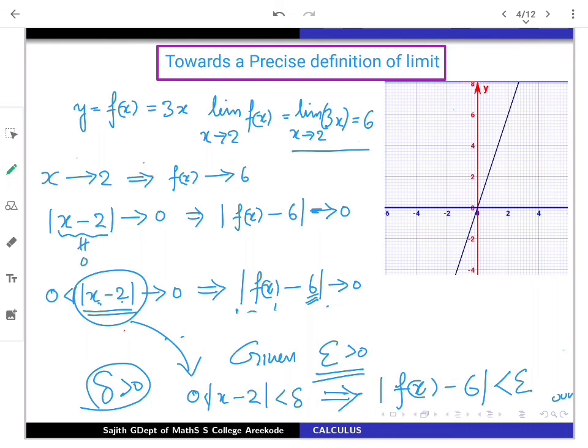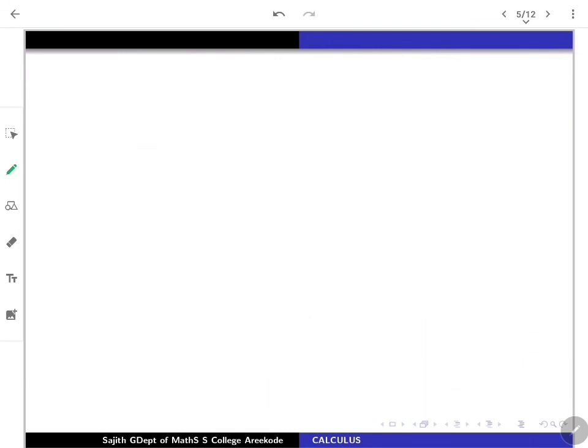It is not merely for this function; any function you can talk about like that. In our situation, f of x is 3x.